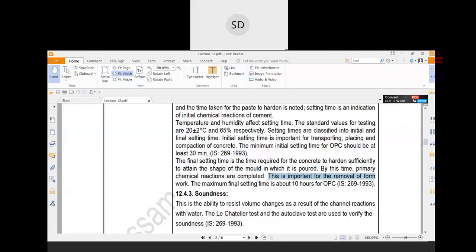So you put that reinforcement, and over there you put the cement and aggregate mixture. After some time you have to remove that formwork, or that cover. Basically, when you want to remove it, that is indicated by the final setting time. So whenever the final setting time is over, you can remove the formwork.